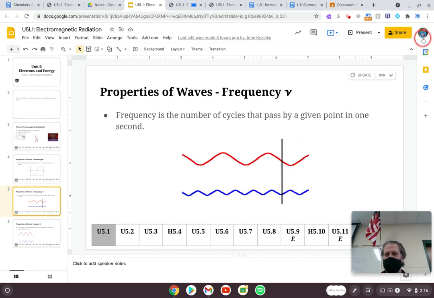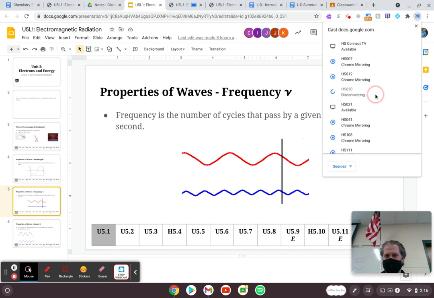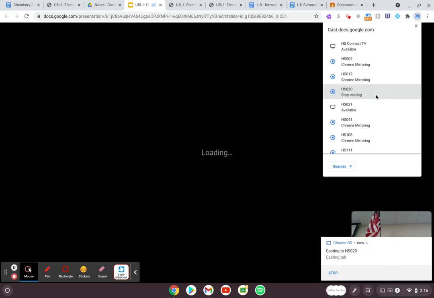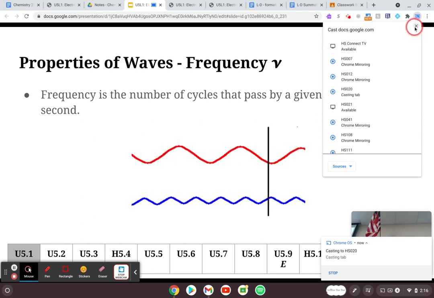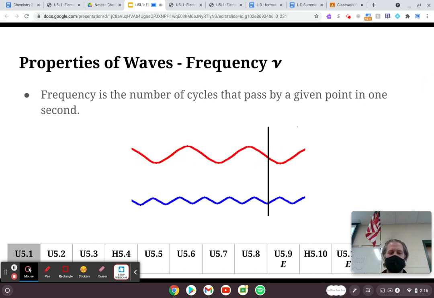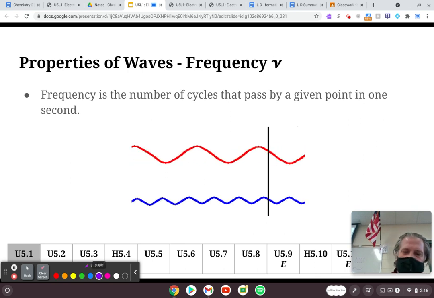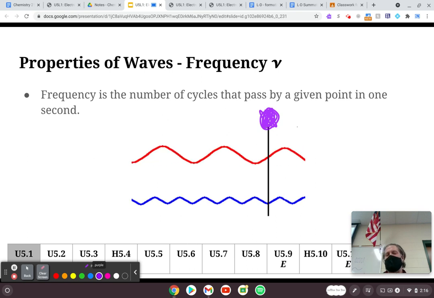And so I have a better drawing here that you might be able to see. So in this instance here, what you could potentially see is that as the red wave passes by this point, I'm going to make an arbitrary guess, and I'm going to say that it goes by in 1 second.